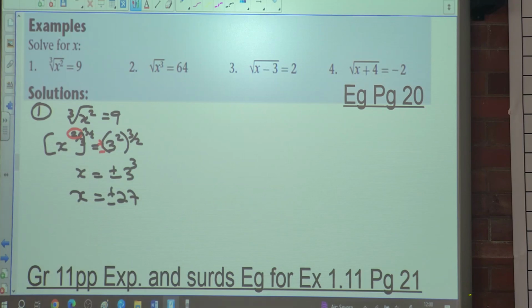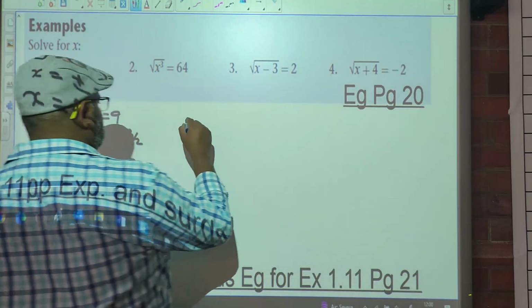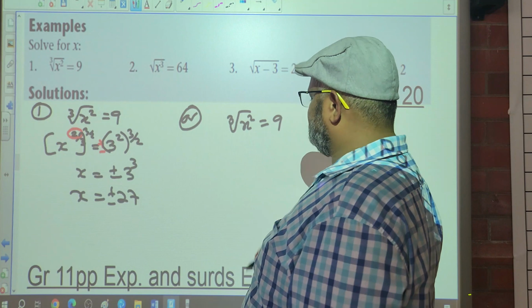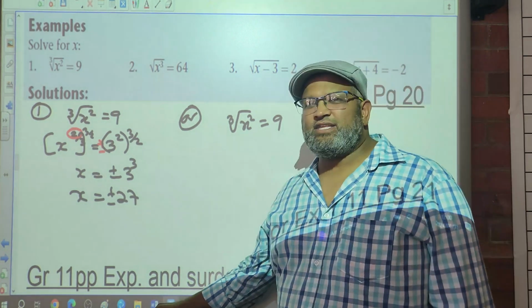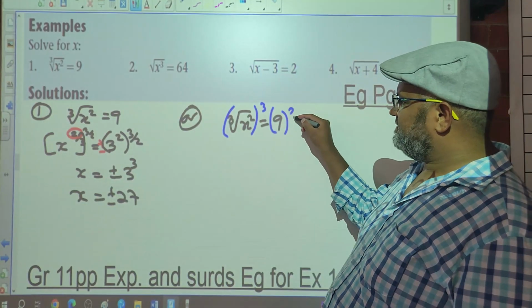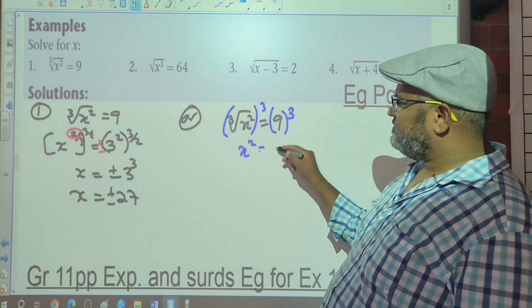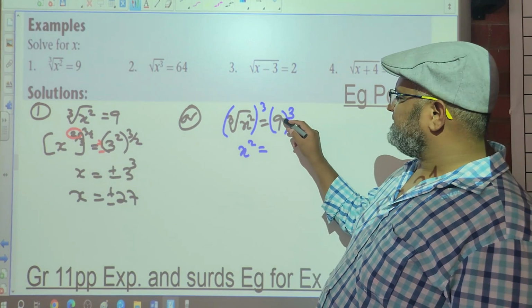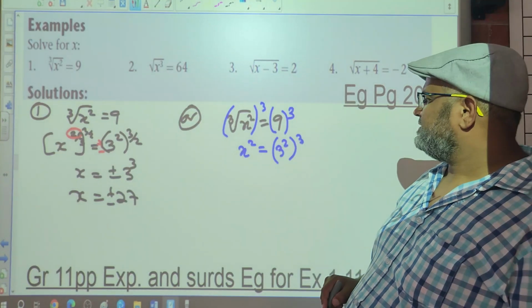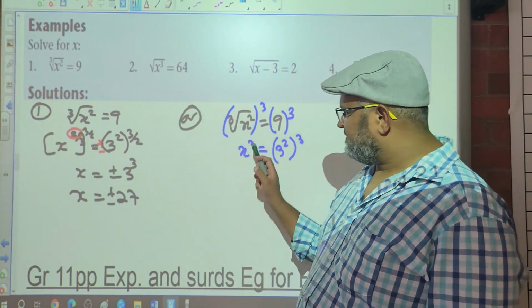Okay. So any confusion there? What I could have done was, I could have said the cube root of x squared is equal to 9. So how do I get rid of the cube? Raise it to the power 3. So I got x squared is equal to 9 cubed. And 9 is 3 squared raised to the 3. So how do I get rid of that 2 here?